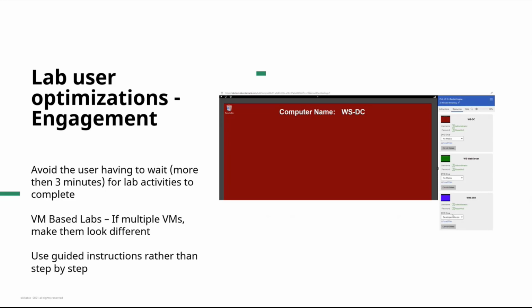But what I've generally seen is if you give people a lab activity with a set of steps, because the steps are numbered, it becomes a race to complete the lab.